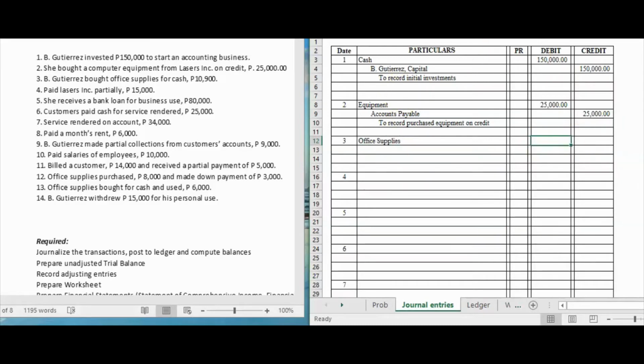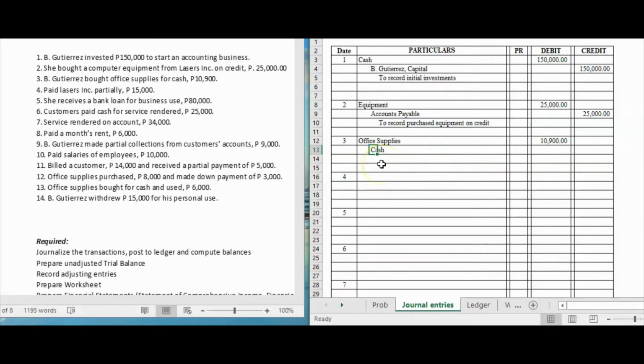Magkano? 10,900. Pero anong counterpart niya? Ano ang value parted with when you bought office supplies? Nabawasan yung cash mo, diba? Naka-receive ka ng supplies, nagbayad ka ng cash. So, si business, nabawasan siya ng cash.